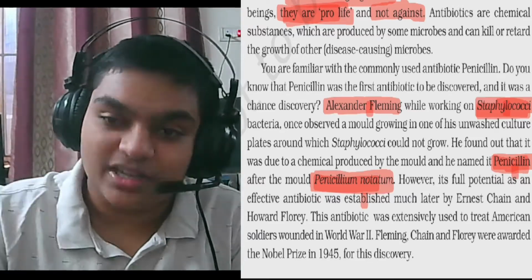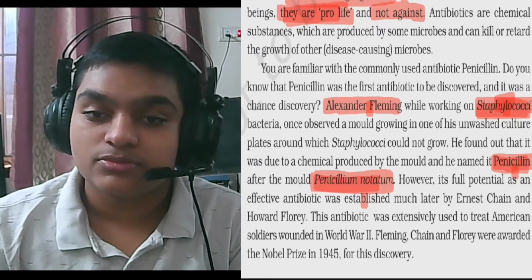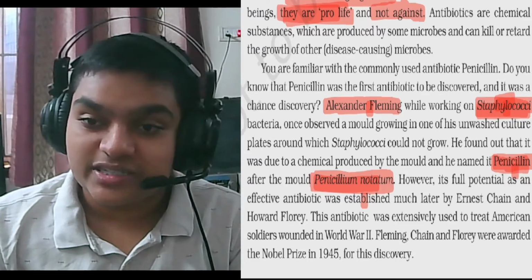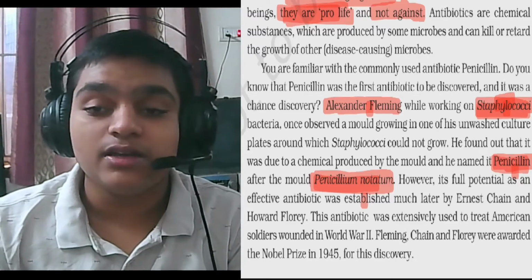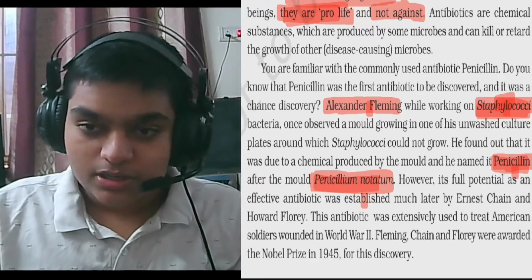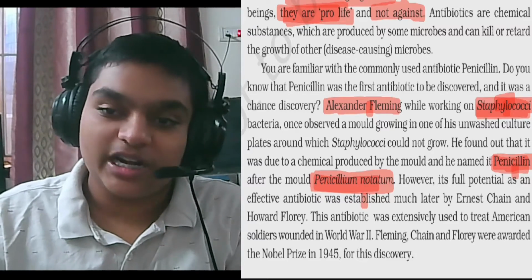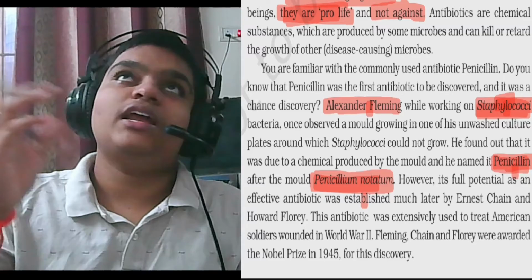So the question might appear here: the first antibiotic penicillin discovered by Alexander Fleming was an accidental discovery while he was working on. They will give options: Penicillium notatum. We will be remembering Penicillium notatum, we will be remembering penicillin, Alexander Fleming.